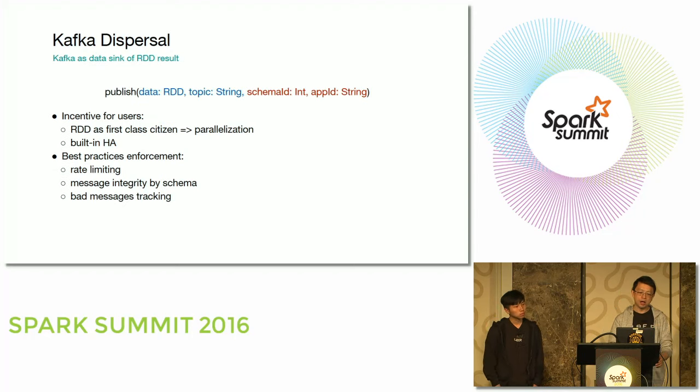And then the second feature, which is in a bigger area: a lot of users, after their job is done, want to send the job result to some other service in the Uber environment. At Uber, we have an even more complex infrastructure, and Spark is one component.